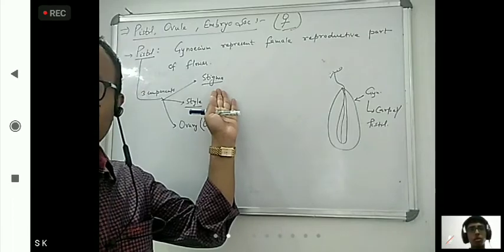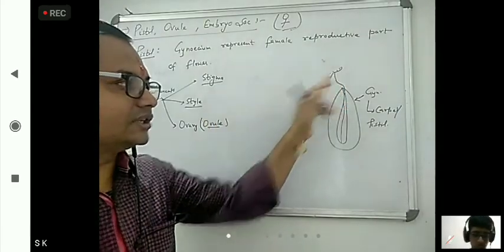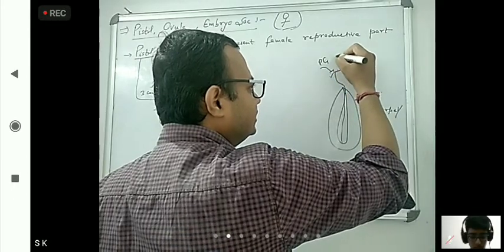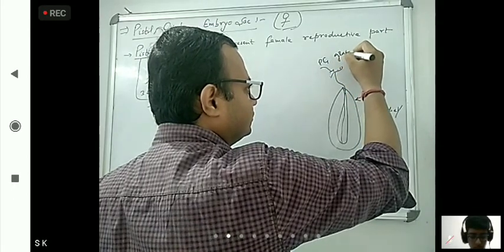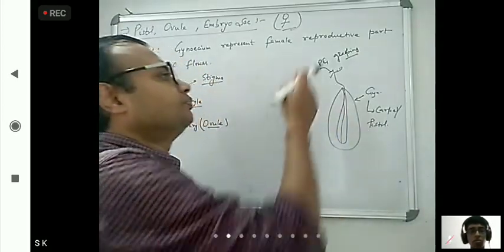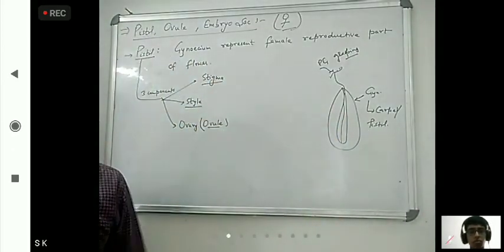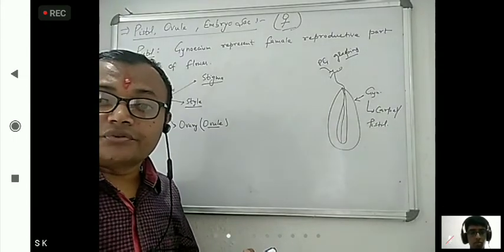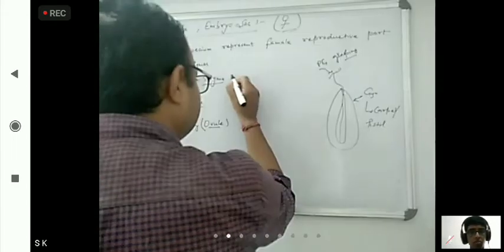Questions are asked about the function of stigma. You see that the stigma is grasping pollen grains. It is receiving pollen grains. So we can say the stigma serves as the landing platform of pollen grains.